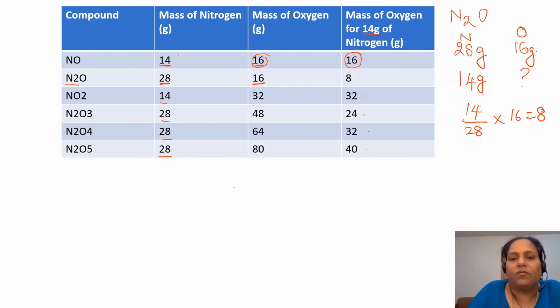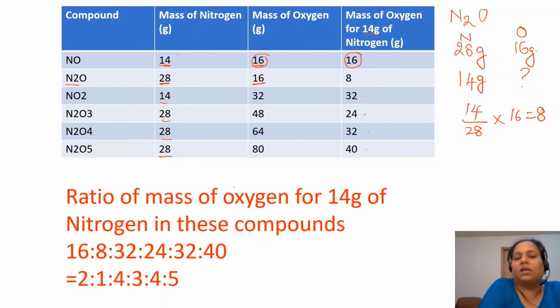So if I try to find the mass ratio of oxygen in each of these compounds, then it is 16 to 8 to 32 to 24 to 32 to 40. So divide everything by 8. So it is 2 to 1 to 4 to 3 to 4 to 5, which is again in ratio of simple whole numbers.